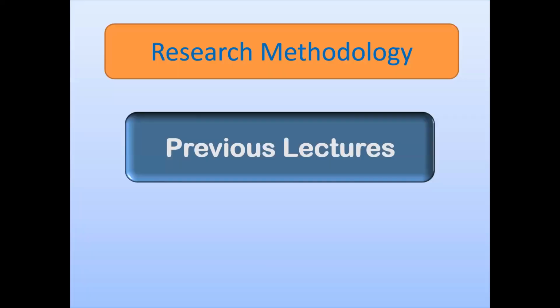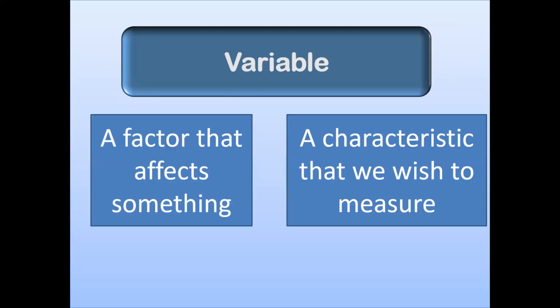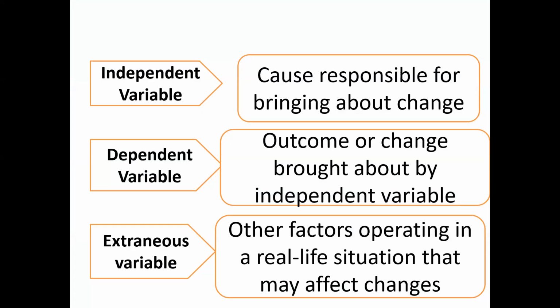During the previous lectures, we discussed variables. You are able to define a variable and identify different types of variables. What is a dependent variable? It is the change, the result, the outcome brought about by the independent variable.